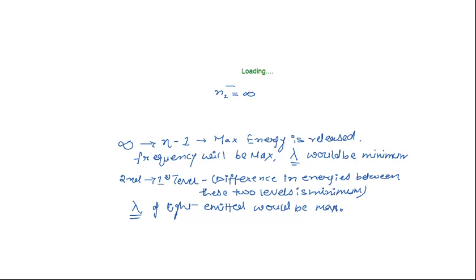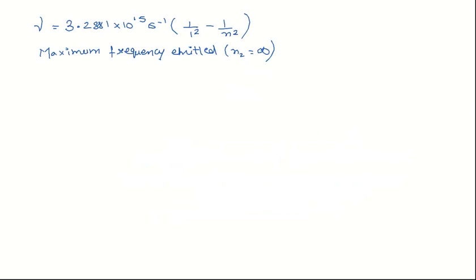So for helium, nu should be equal to 3.2881 into 10 to the power 15 multiplied by Z square, and this will be multiplied by 1 by 1.